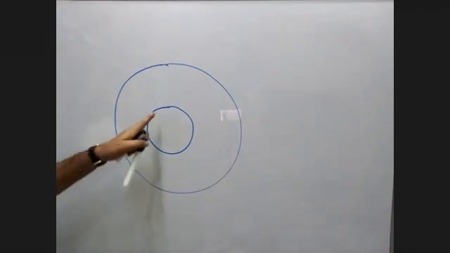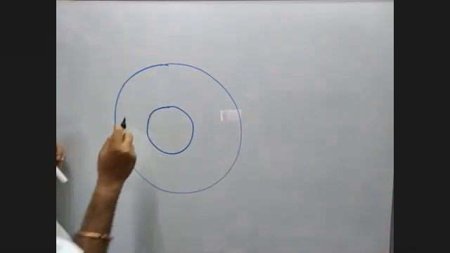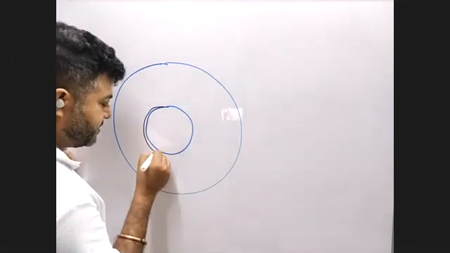So this is the inner point, this is the outer point, and in between this, a wire is wound like this.